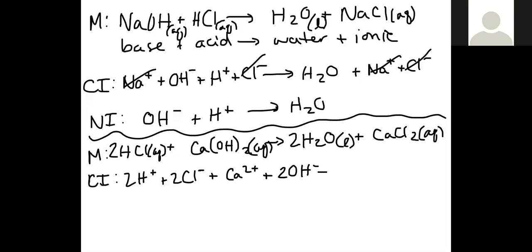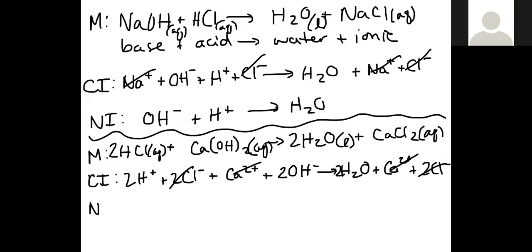And then we have 2 H2O and Ca2 plus, and once again, that 2 is not part of that chloride ion, so you're going to bring it out front to Cl minus. What are our spectators? Cl and Ca2 plus. Excellent.